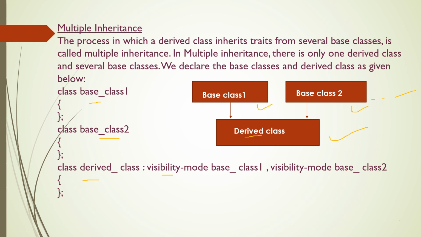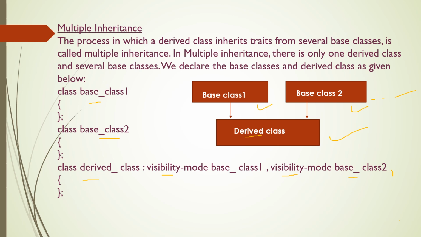Like first we write the access specifier, which can be public, private or protected, and then the base class name. In the same way, after giving another comma we can add more classes. Then in the derived class we can again keep its members.